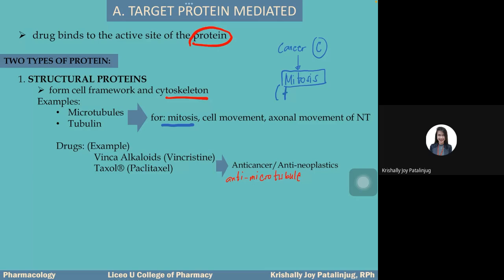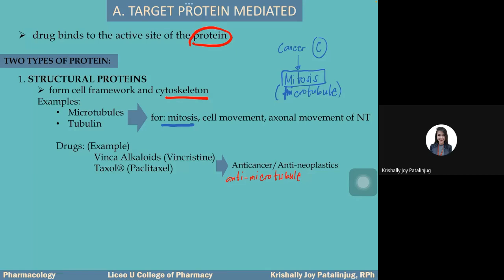Okay, and there are structural proteins I have mentioned earlier important for the mitosis process. Specifically, microtubule participates in this process, in the cell division. I repeat, microtubule participates during mitosis. Now, of course, to target cancer cells, we could target the cell division process to stop the cancer cell proliferation.